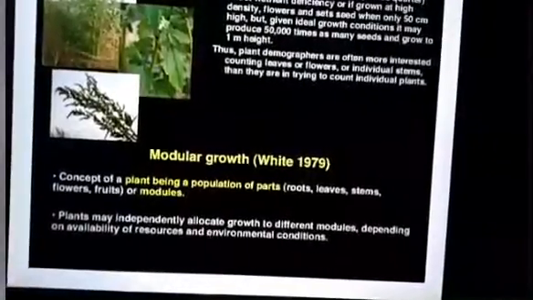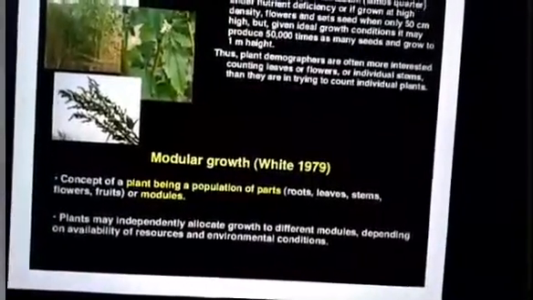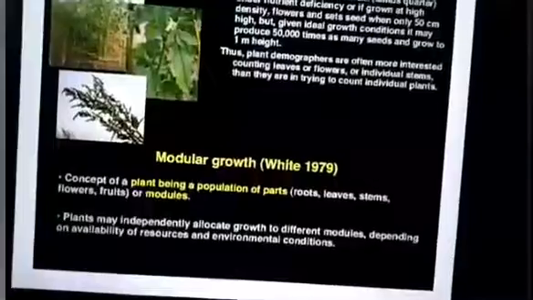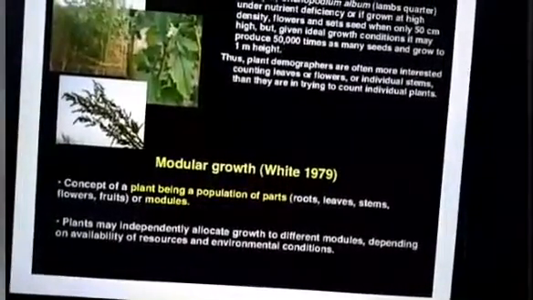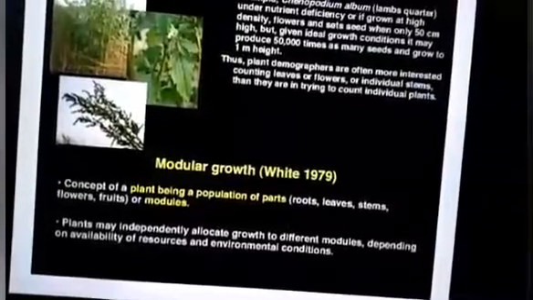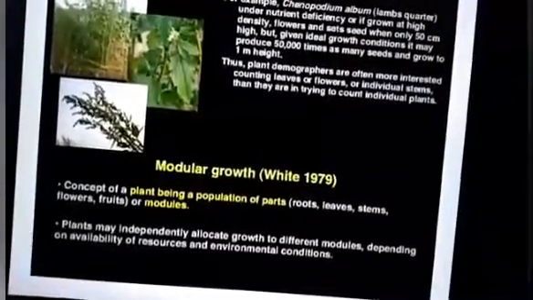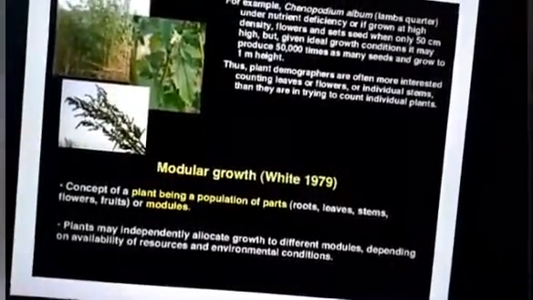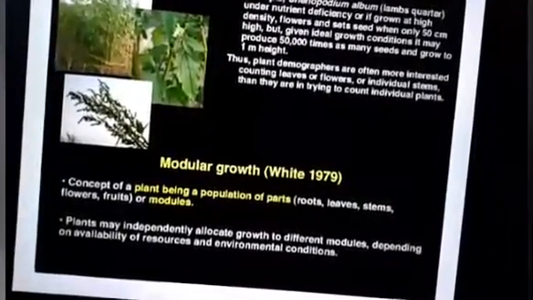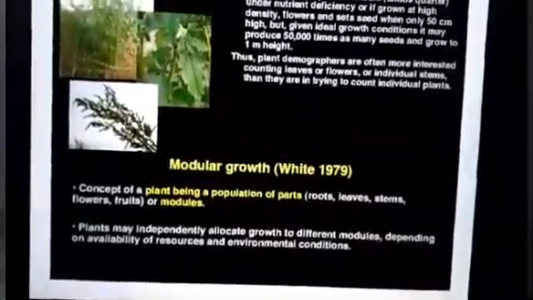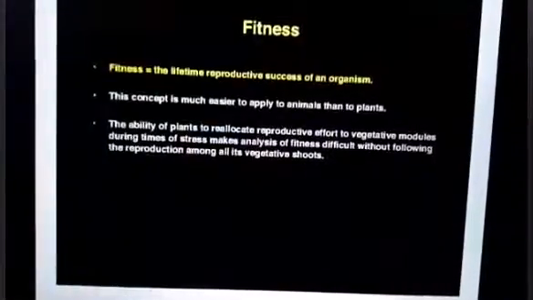So from your roots, leaves, stems, flowers, fruits, these are what we call modules. So plants may independently allocate growth to different modules depending on the availability of resources and also the environmental conditions.